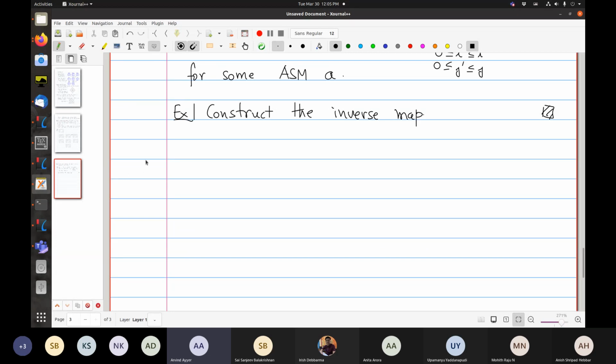Another object which we will actually use. This is something halfway between ASMs and what we're going to construct next. But this next object is called a height function matrix.